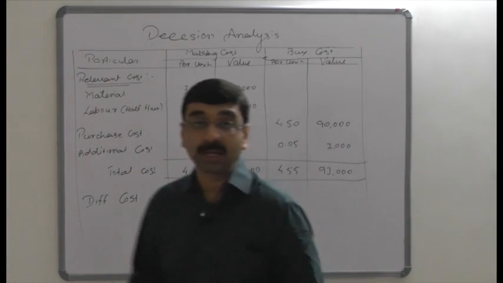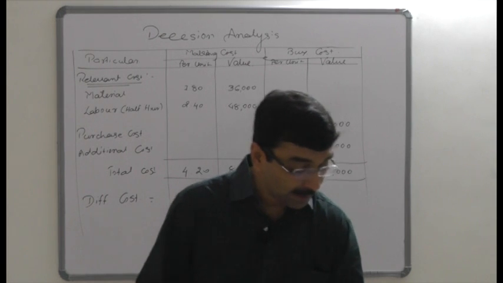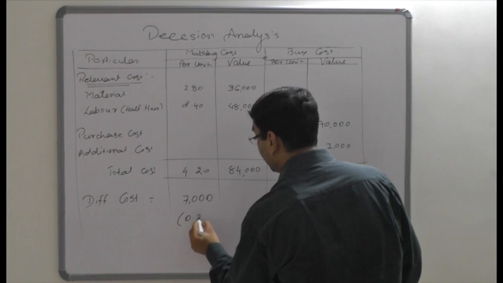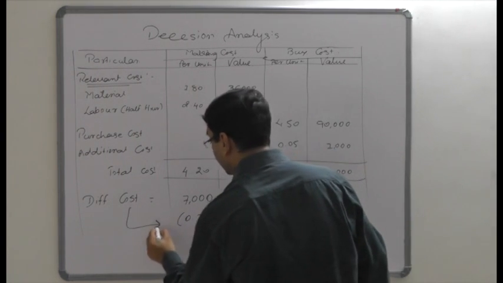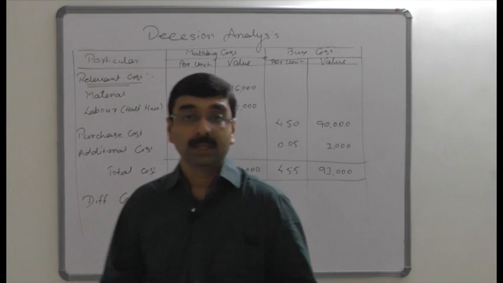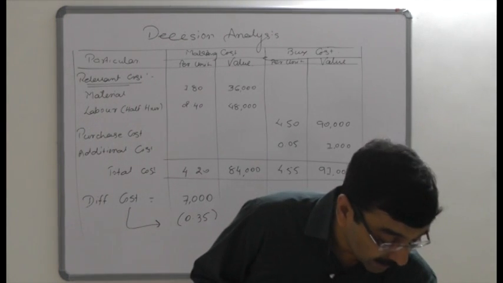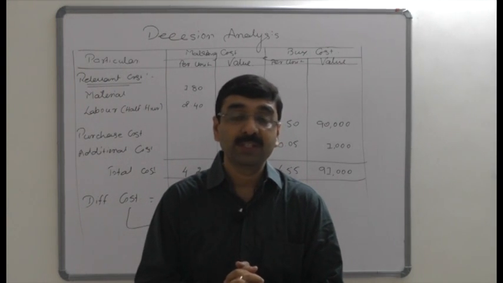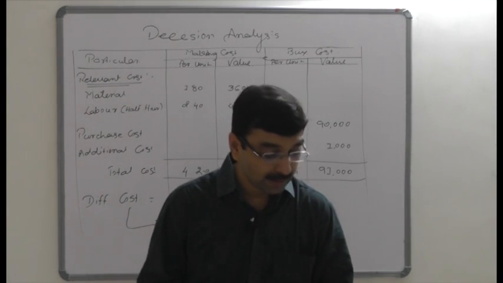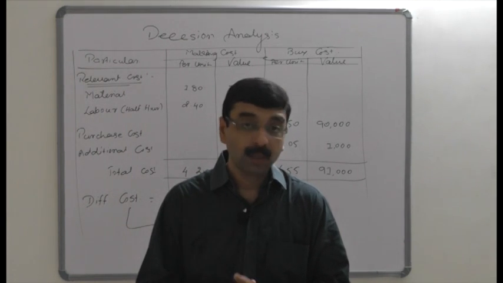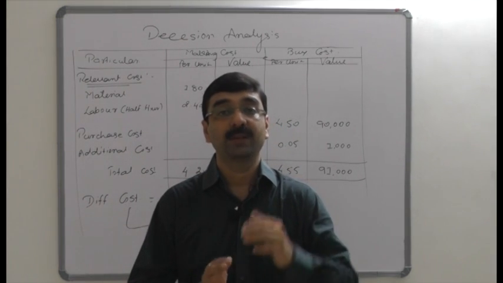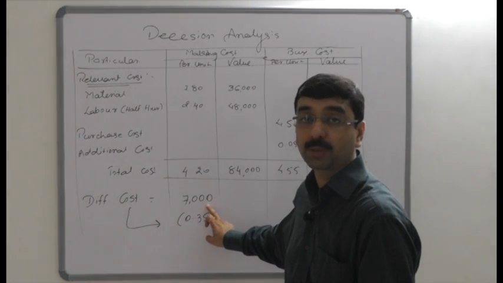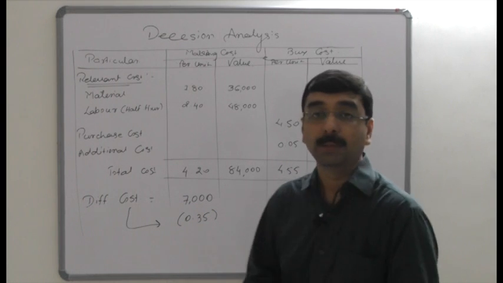It is your differential cost, and it is favorable by 0.35 per unit from the business point of view. So the company should go for manufacturing this part in the premises, and it is comfortable to continue manufacturing in the premises, because they would benefit with the differential cost of rupees 7,000 as well as rupees 0.35 per unit.